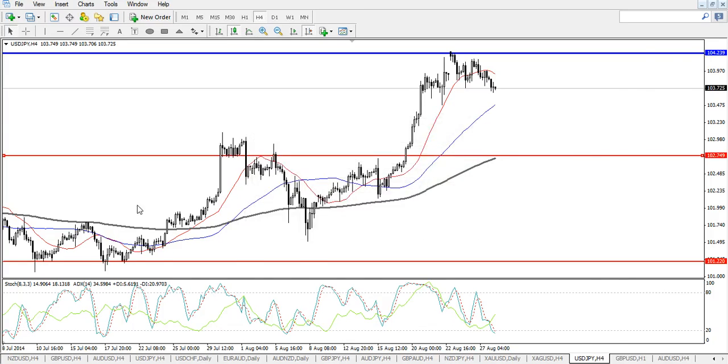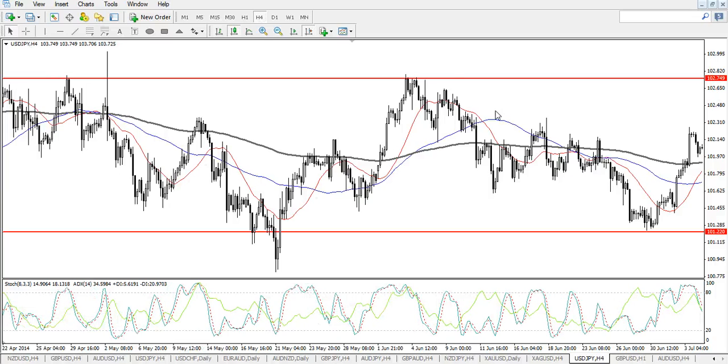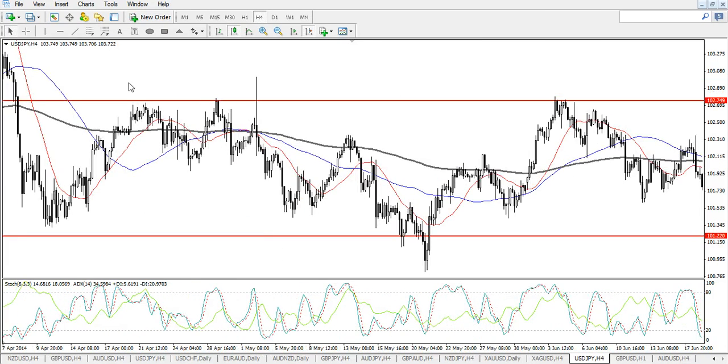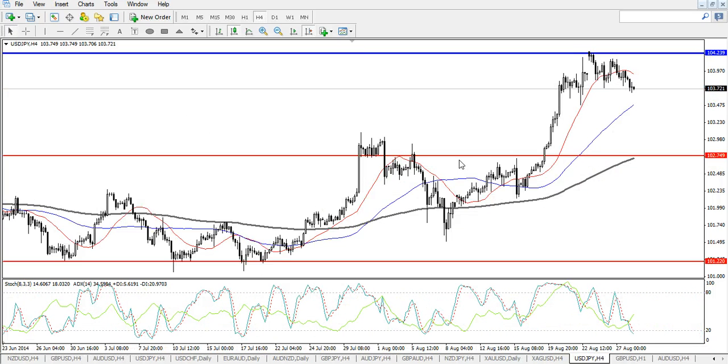This is the level. We'll scroll back a little bit. We can see that this level has been a strong resistance here as well, and right now it has become a resistance turned support level.